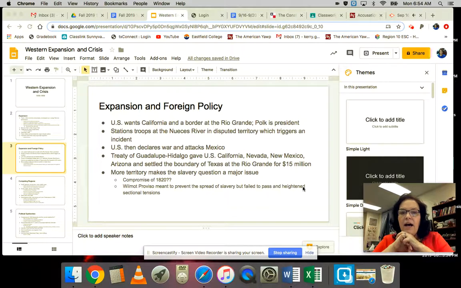The biggest impact of the Mexican-American War is that it changes the laws in places like California from the Mexican system to the American system. And as I've mentioned before, the key difference there is the property rights that Mexico gave women that they lose because of the United States taking over. And then you've got Mexican American women who lose everything because the system is set up to advantage Americans.